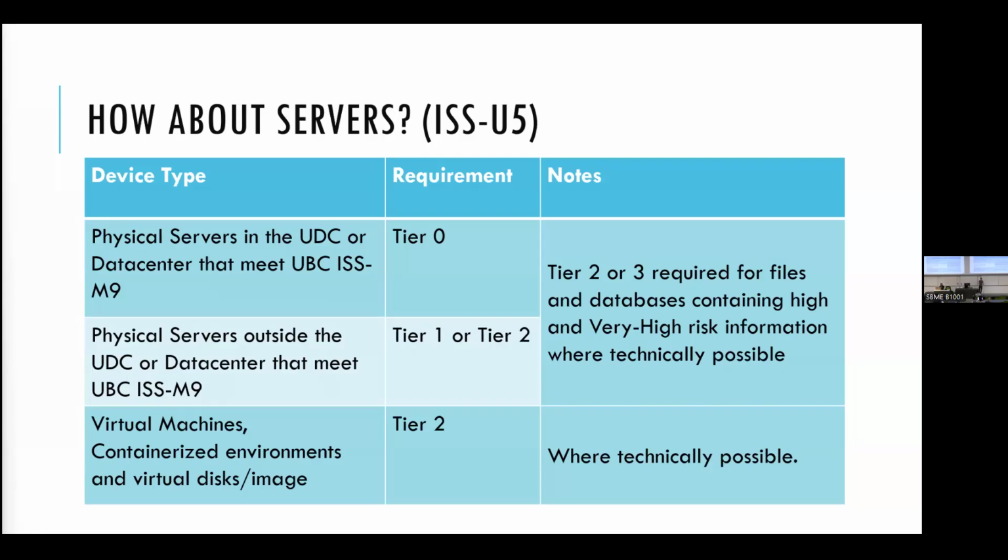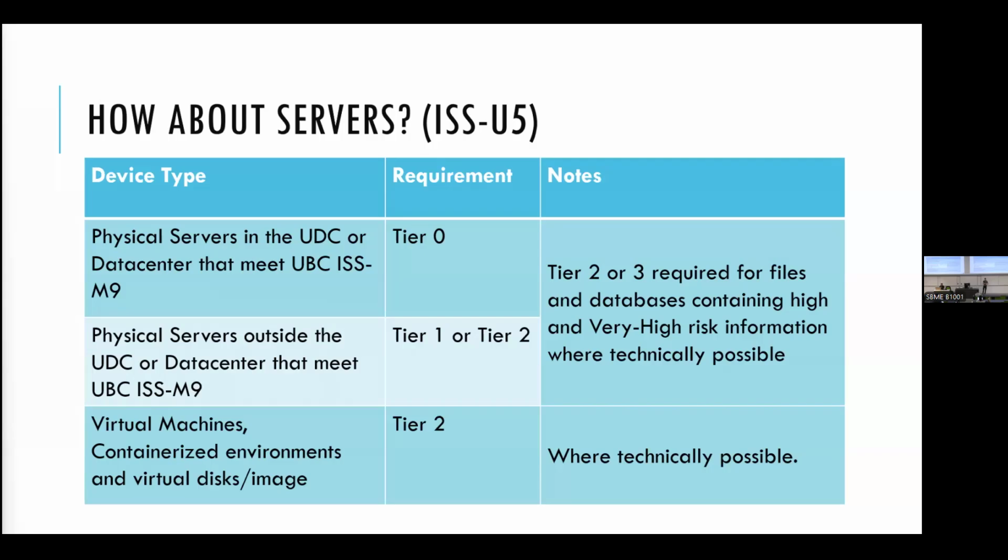But there is a caveat in the note here, and I'll talk about how cloud works later. Essentially, if you have very high risk information, you probably want to do at least tier 2 or tier 3 encryption, so at least volume or file encryption.